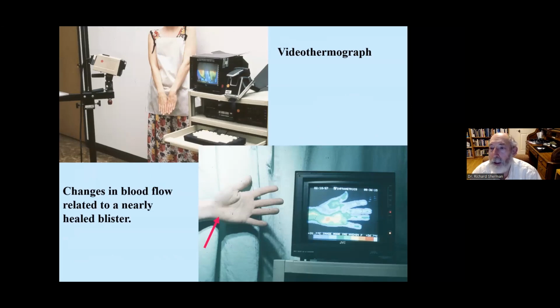I mentioned blood flow before, blood flow causing pain. If you have too little blood flow in an area, that area starts to hurt. Like if you sleep on your arm and you cut off your blood flow to it, it really starts to hurt. It tingles, everything else.